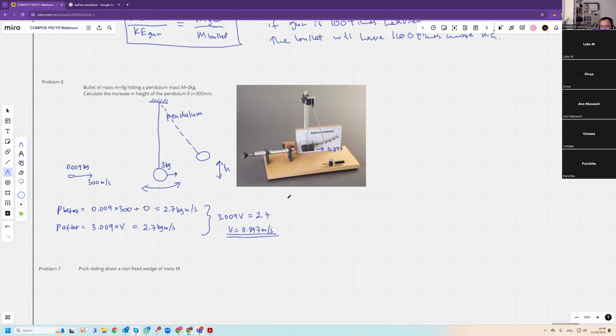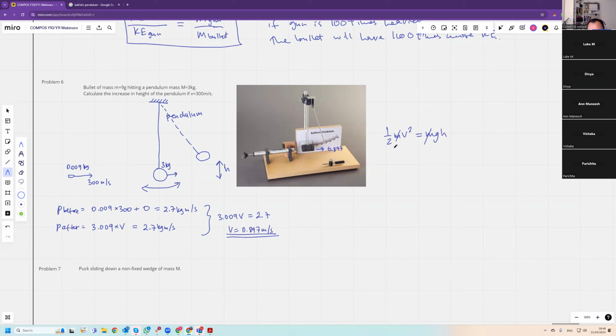Yes, everyone's on board? So you have a moving object. You want to know how high it will rise. Of course, it's conservation of energy. So 1/2 mv squared is equal to mgh.